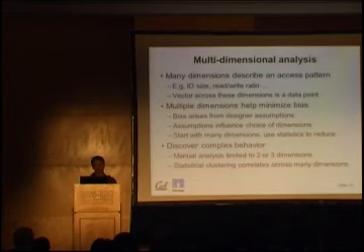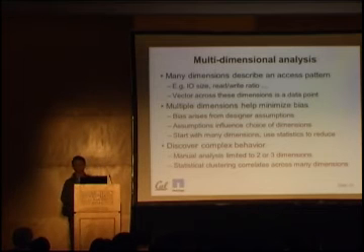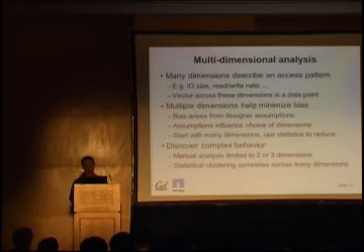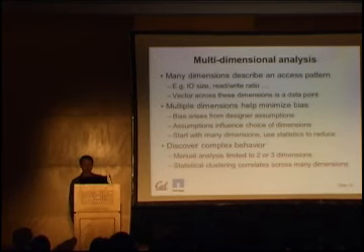Again, manual analysis is limited to 2 or 3 dimensions. Now, as you will see in a few more slides, we employ a statistical clustering method that allows us to correlate up to tens of dimensions. That kind of analysis is definitely not possible to do manually. We've attempted that, so we learned the hard way.